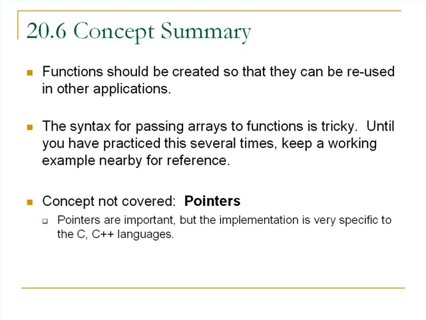And in this concept summary, oddly enough, I have one of the concepts that we haven't covered. As we come to the end of this course, we have not covered pointers in C, and that was intentional. Pointers are very important in C and C++, but the implementation in C and C++ is very specific to those languages.